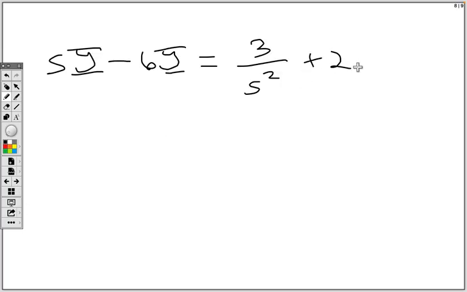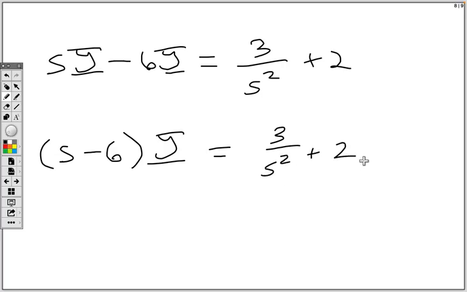Now I want to solve for Y. To solve for Y, I can factor it out. I get S minus 6 times Y is 3 over S squared plus 2. Then I could divide through both sides by S minus 6.